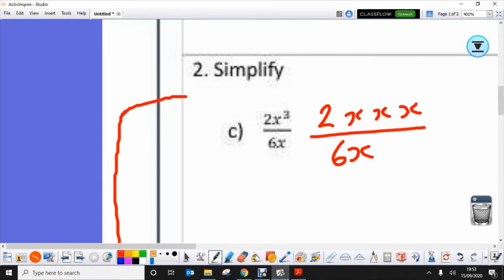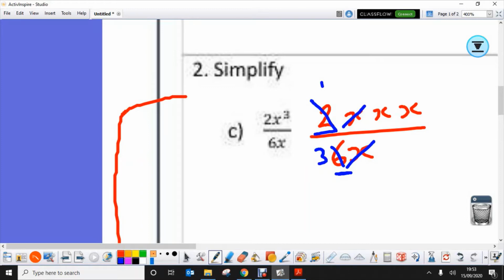How many factors can I take out of the 2 and the 6? I can divide both by 2, so I end up with 1 at the top and 3 at the bottom. If I've got an x on the bottom, I can cancel an x on the top.